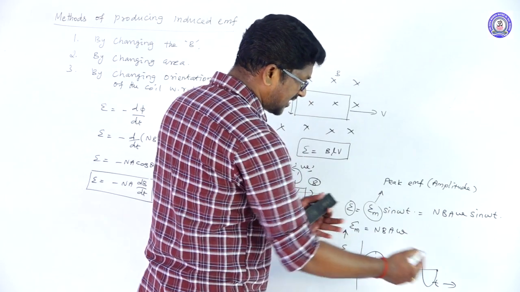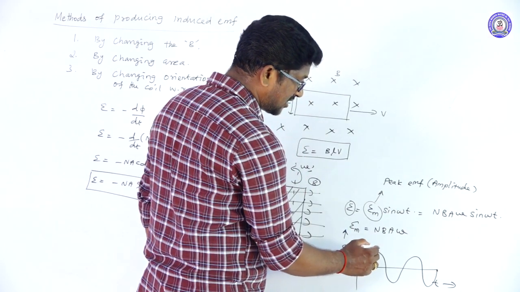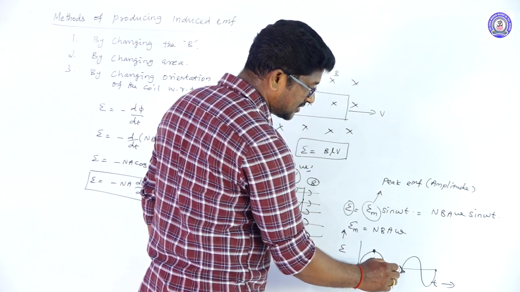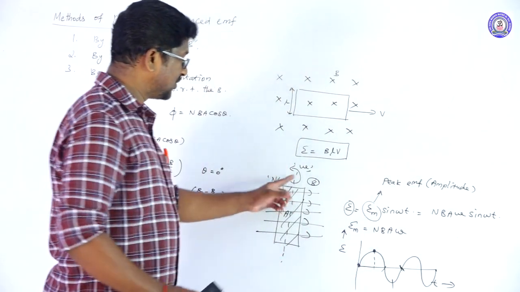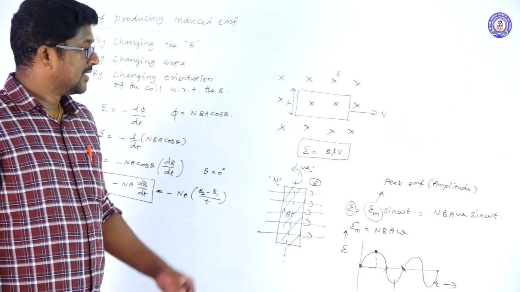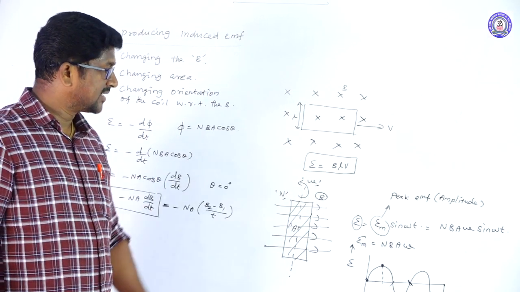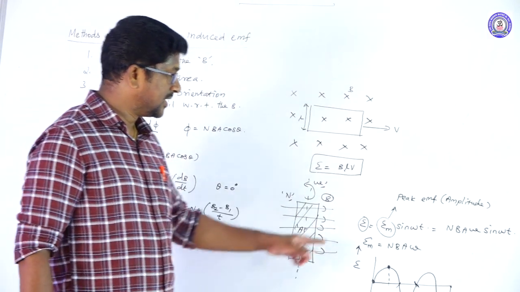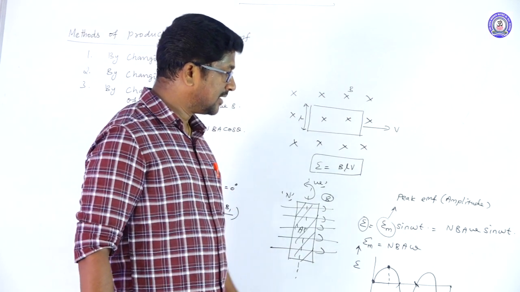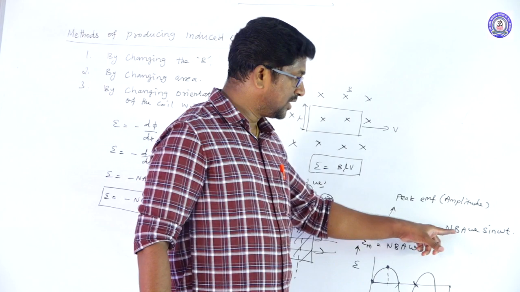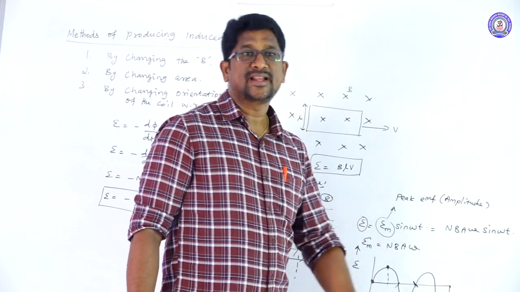After a certain time, the EMF induced in the rectangular coil is a maximum, and again 0, then negative maximum, again 0. So the EMF induced in the rectangular coil changes sinusoidally. That is why the instantaneous EMF induced in the rectangular coil, when the orientation of the coil changes with respect to time, is given by E is equal to Em sin omega t, where Em is equal to NBA into omega. Therefore E is equal to NBA omega into sin omega t.